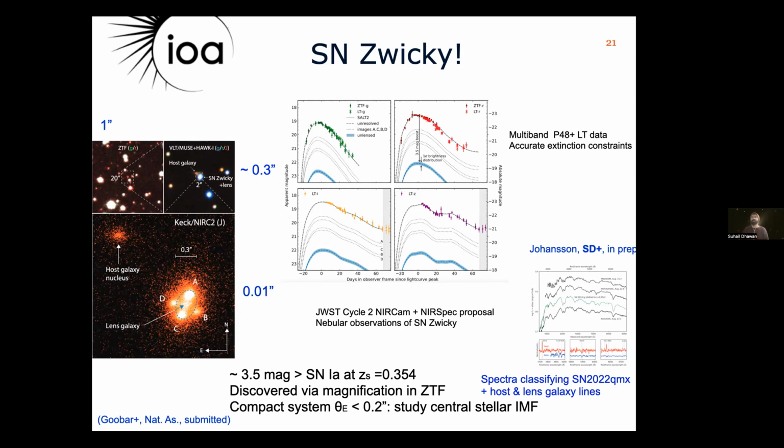So this is some ongoing work being led by Joel Johansson that I'm involved in, which is on studying the spectral time series and comparing it to the low redshift. And this is very powerful because comparing low redshift to high redshift properties is extremely important to see whether or not there are any subtle systematics in the progenitor evolution that can potentially impact dark energy inference.